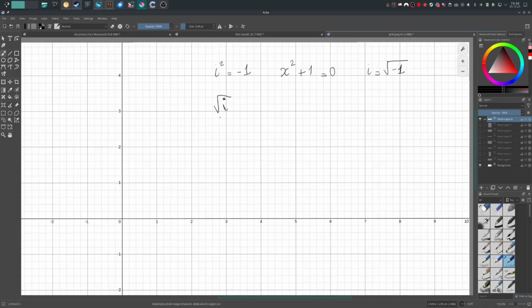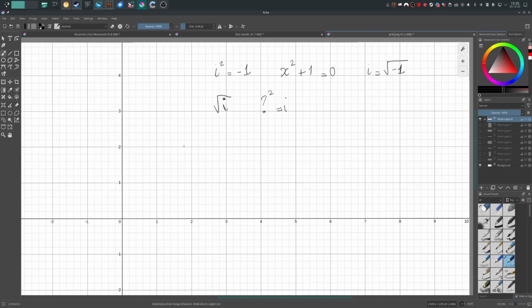What does it mean first to be a square root? It's the number that when you multiply it by itself will give you i, right? So it's an unknown number that when I square it, it will give you i. That is what square root means.